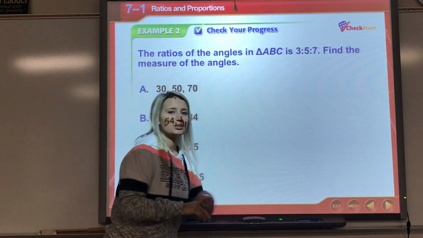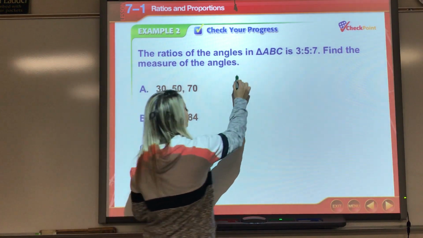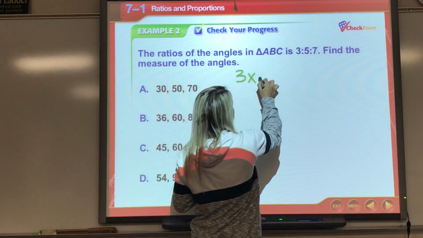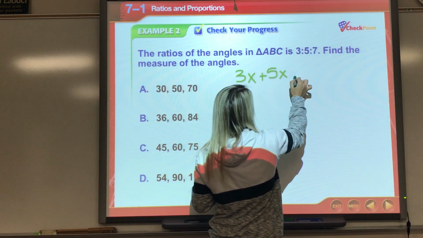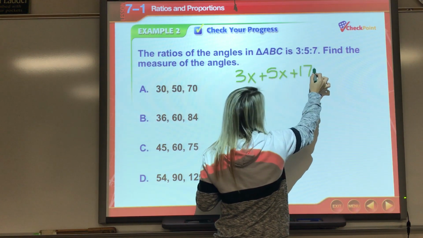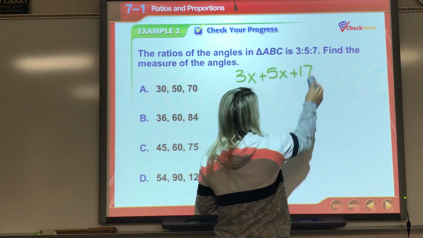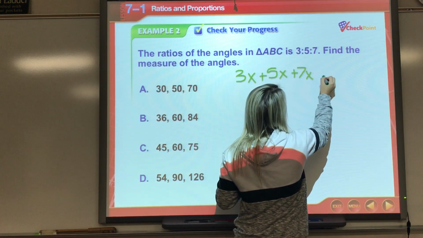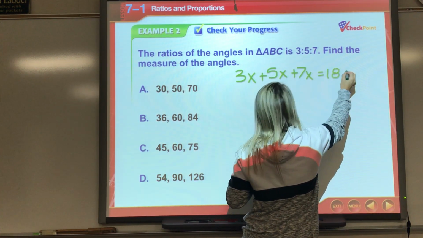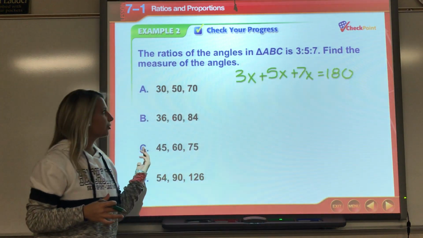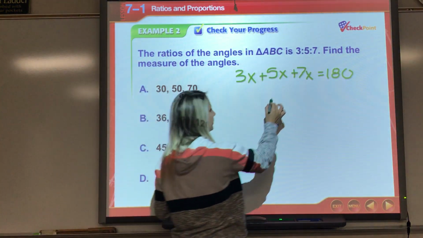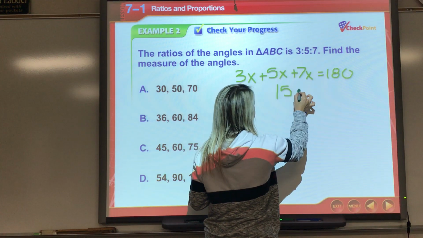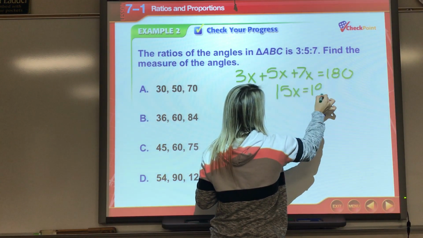Okay, so if we do this just like we did the other problem, we should have 3x plus 5x plus 7x equals 180. Okay, so we get 3, 5, and 7. That should give us 15x equals 180.